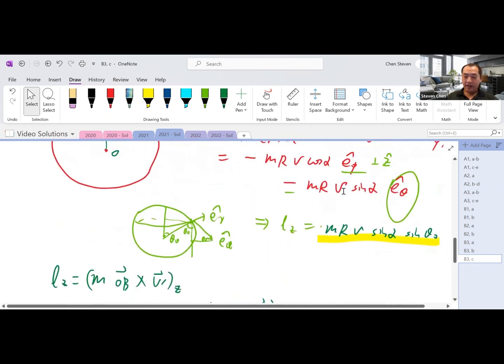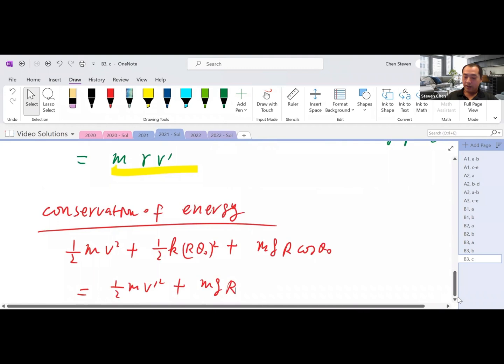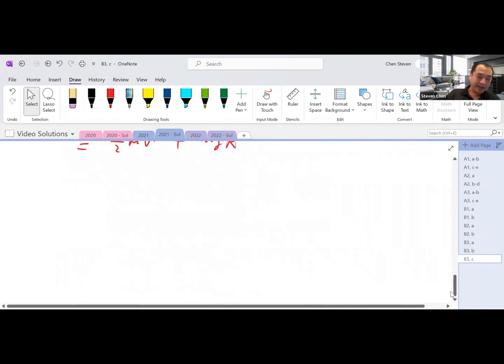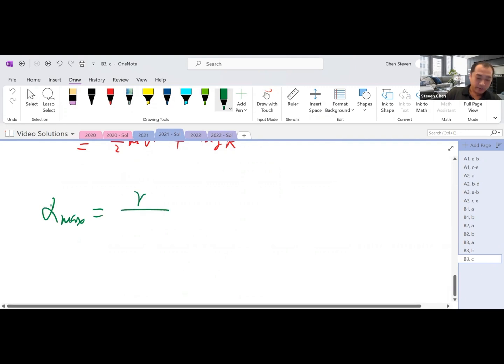And also don't forget that in our analysis, we use the initial velocity v. But the problem asks us to express the final answer in terms of the initial kinetic energy k. So after getting the formula for alpha in terms of v, we then convert v into k. Then we are done. Okay? All right. And after doing some algebra, I will skip the intermediate steps. So let me write down the final answer. The final answer takes the following form.